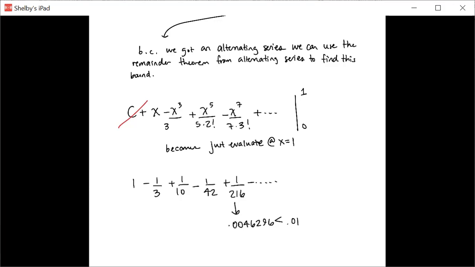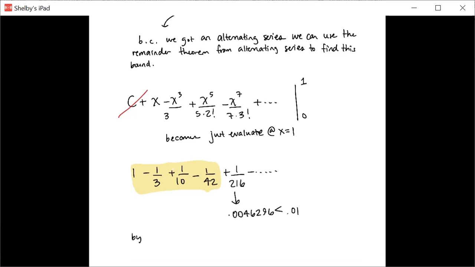So if we just take the first 4 terms, the remainder theorem says that the first 4 terms will give me accuracy, so my max error will be less than 0.0046296 off. So we're going to add the first 4 terms.